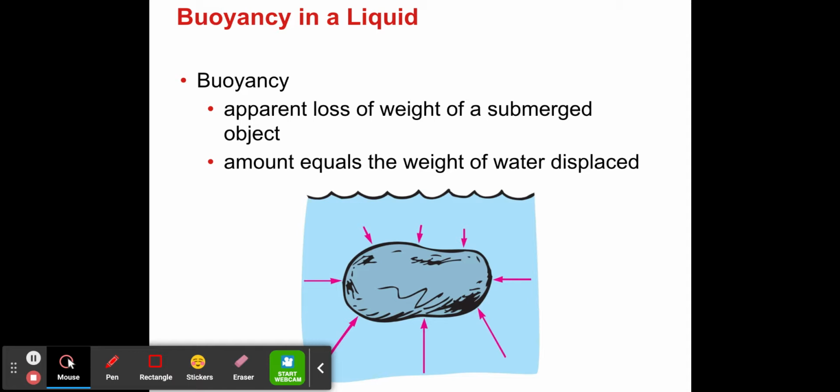So, what we call buoyancy is the apparent loss of weight of any substance that is submerged in water or that is partially or totally immersed in water. Okay, so when you put, let's say, a stone in water, this stone is going to experience an apparent loss of weight.